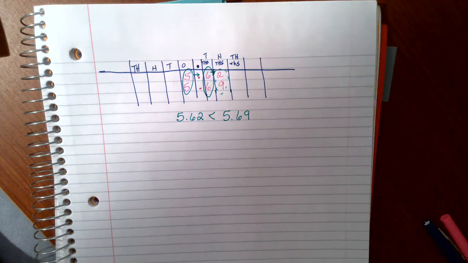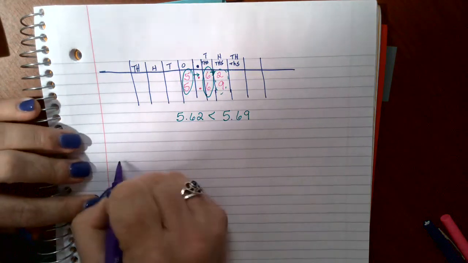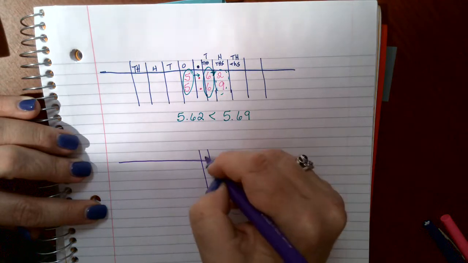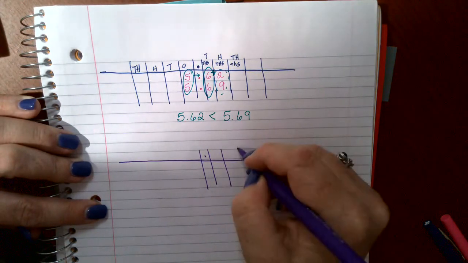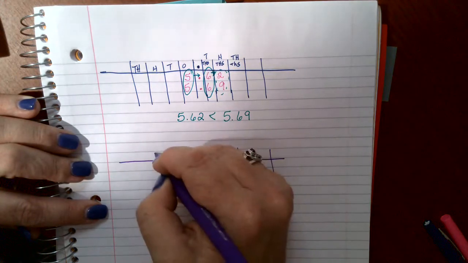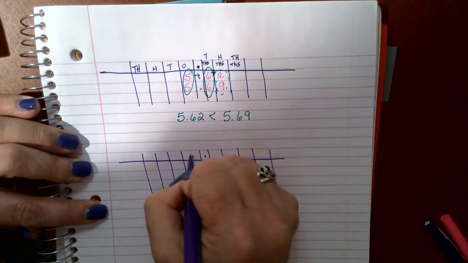Sometimes the numbers you are comparing may not have the same number of decimal places to the right of the decimal point. In this case, you're just going to put zeros as placeholders. So we're going to look at an example of that. We'll work with a larger number this time.